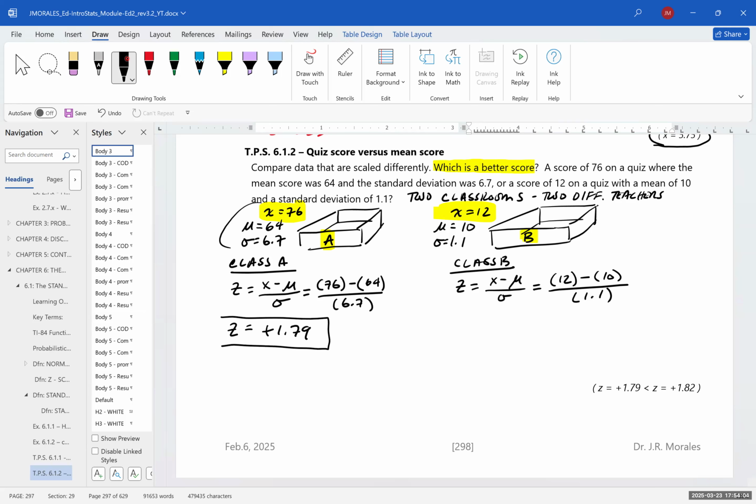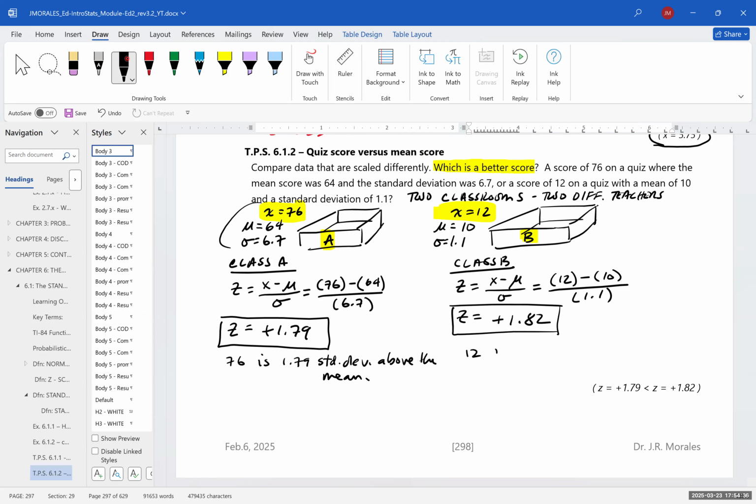So 76 is 1.79 standard deviations above the mean. And over here, 12 minus 10 divided by 1.1 gives us a z-score of 1.82.